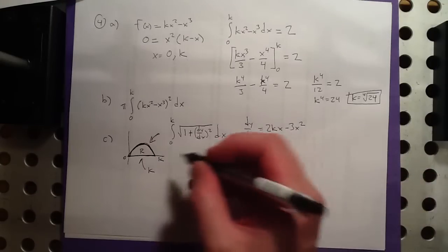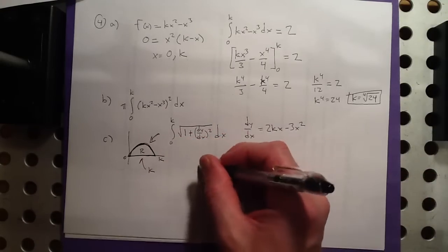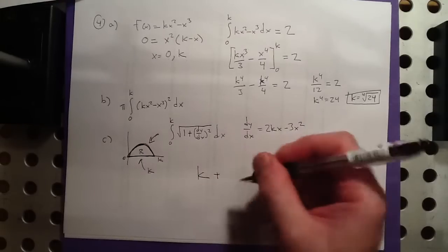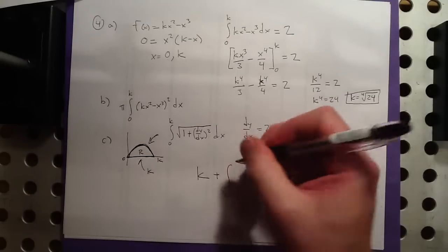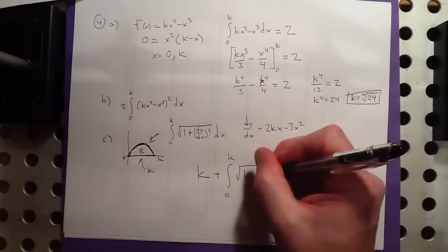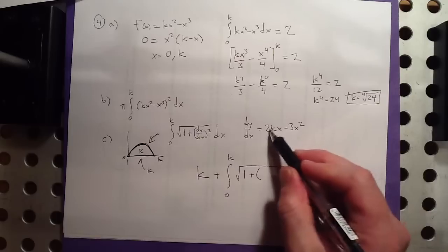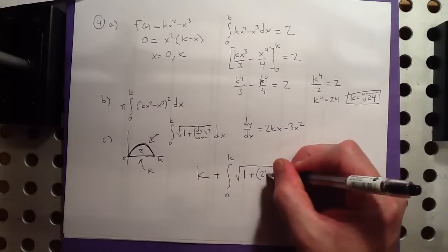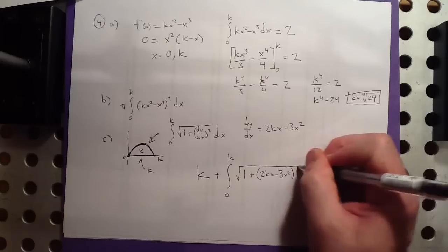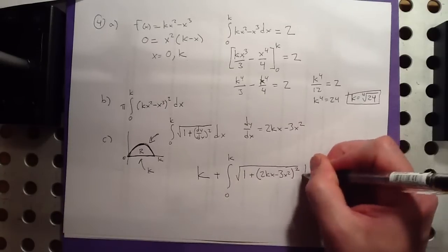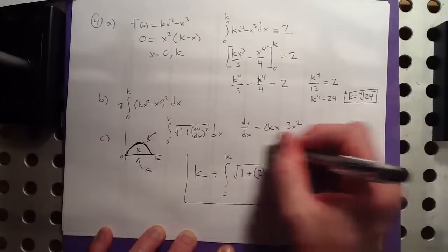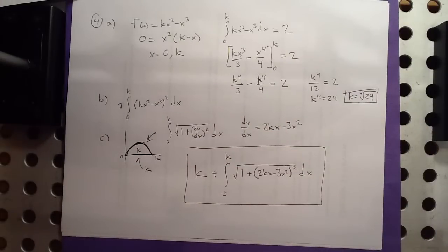So our whole perimeter would be k, that's this base, plus the integral from 0 to k of the square root of 1 plus the derivative, which is 2kx minus 3x squared, squared, dx. And there's nothing more we can do than that.